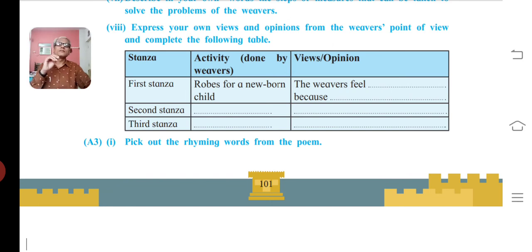Now the second column, second stanza. Now what activity is done in the second stanza by the viewers? A purple green veil for the wedding of a queen.